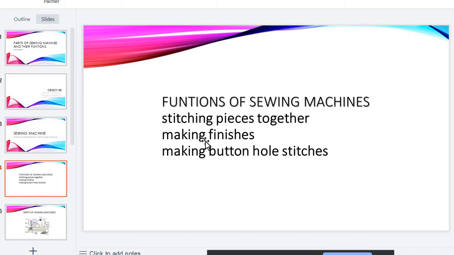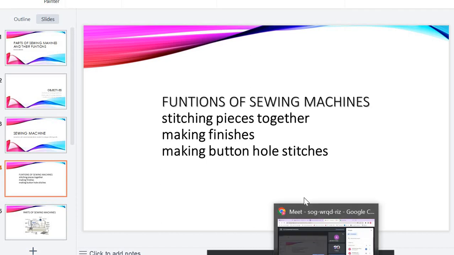Can you name some examples of different sewing machines that we have for stitching clothes? Embroidery machine. Yes. What is the function of the embroidery machine? To make decorations in terms of embroidery.